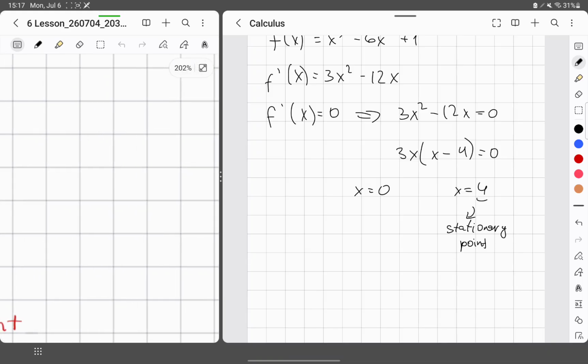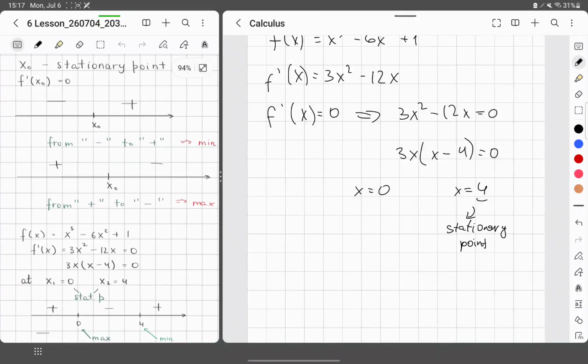What about this one? If we plug 0 to here, that will be stationary as well. Both of them are stationary points, and they are critical also.